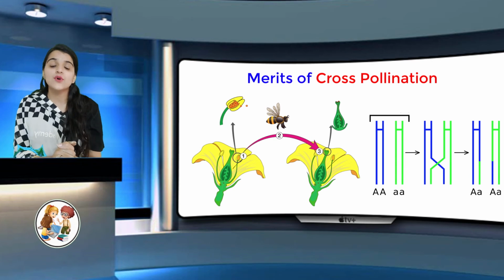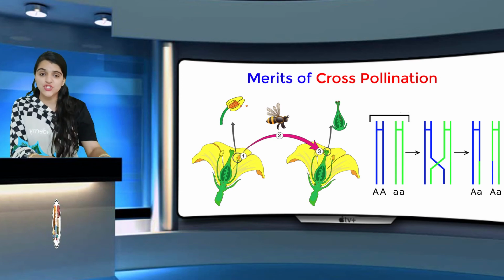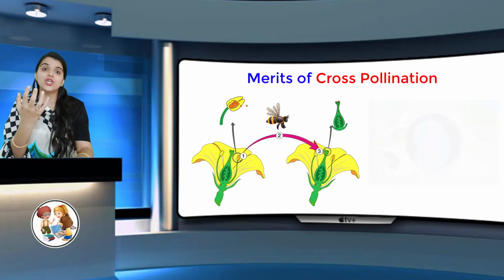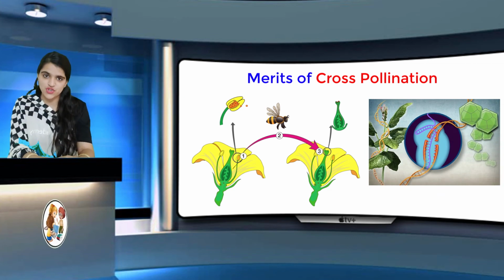The process improves the immunity of the offspring, since variation provides new genes and includes new varieties of species.